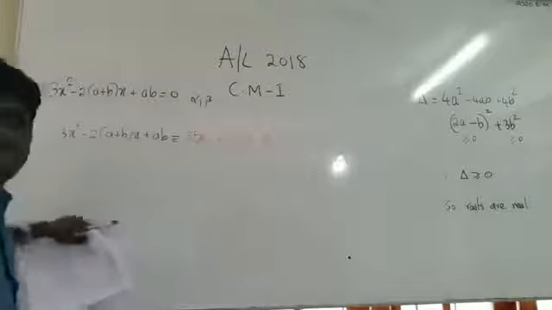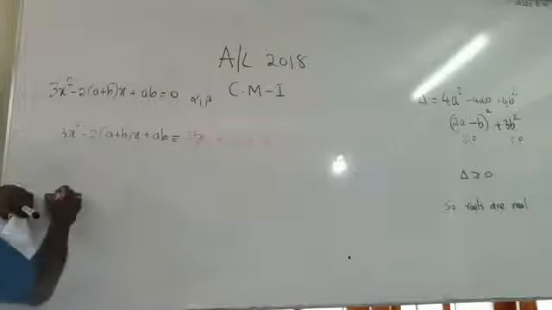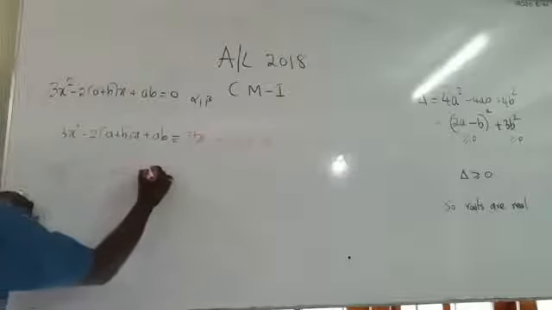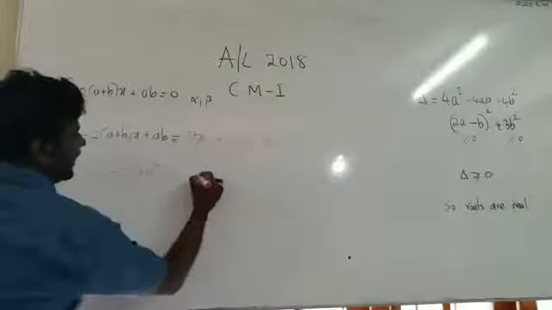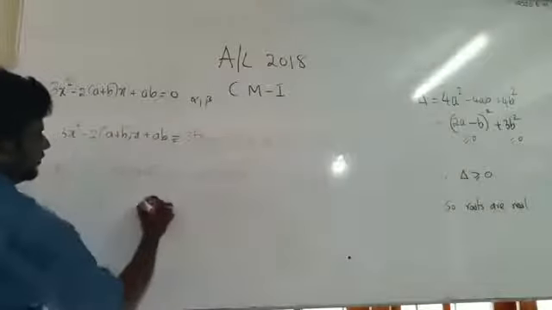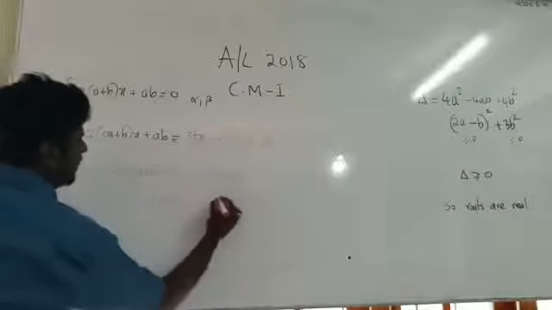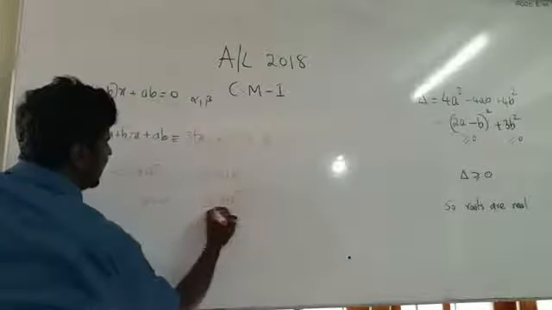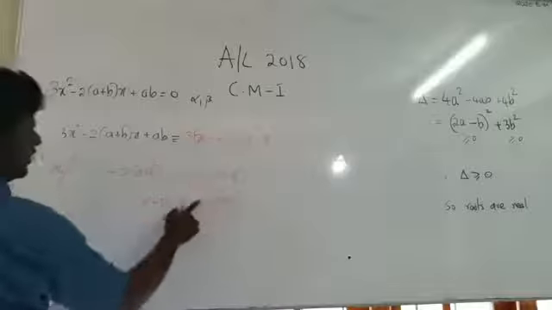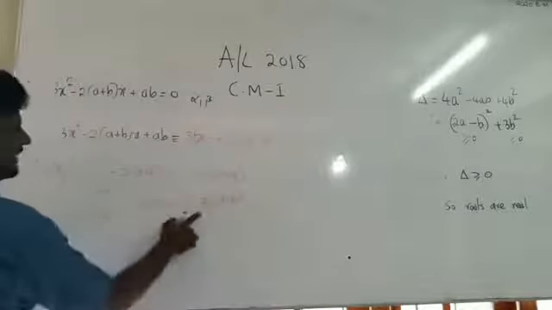Understood? In that case, if you equate the coefficient of x on both sides, minus (2a plus b) equals minus 3 times (alpha plus beta). So alpha plus beta equals (2a plus b) over 3, because minus minus cancel.